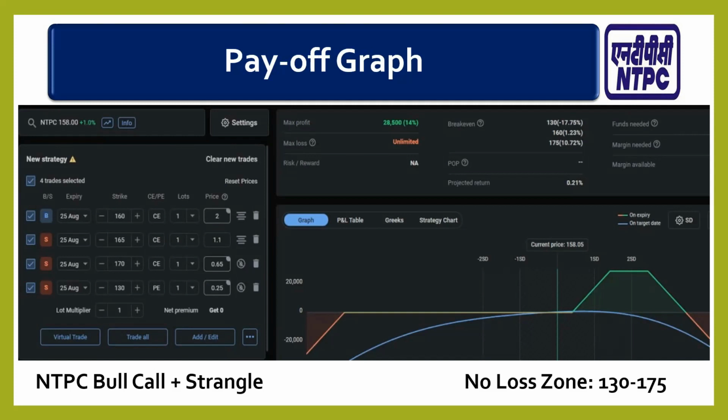The no loss zone is 130 to 175, and these four strikes together we can say is a bull call spread surrounded by a triangle, which is 130 and 175. You can think either way, whichever you understand, you can call.